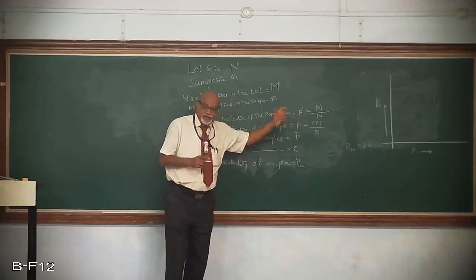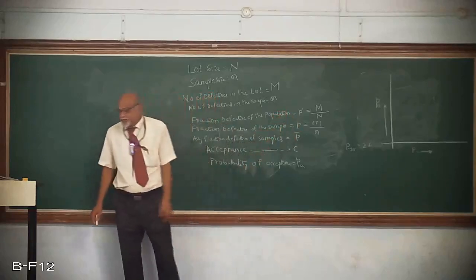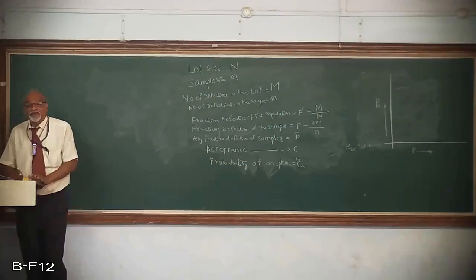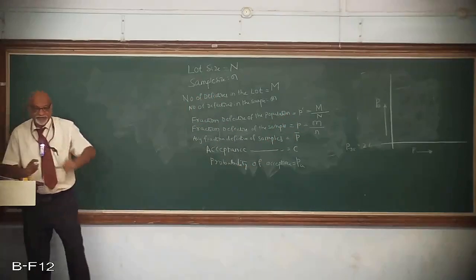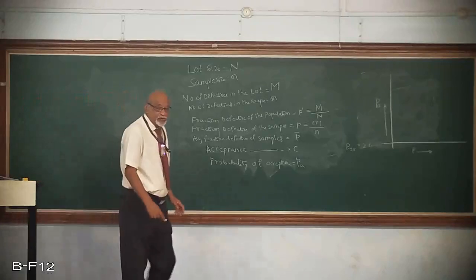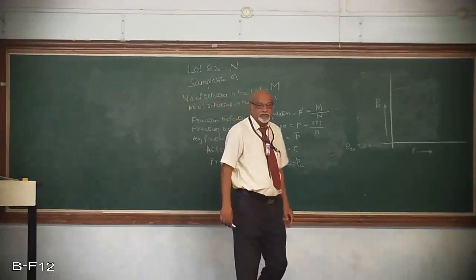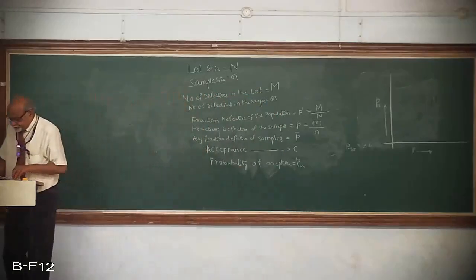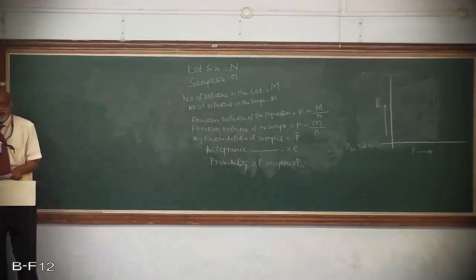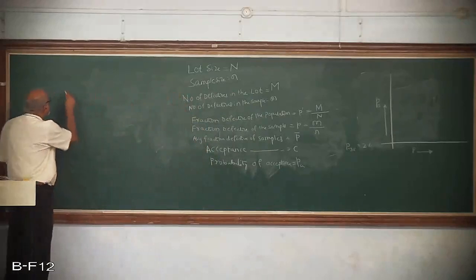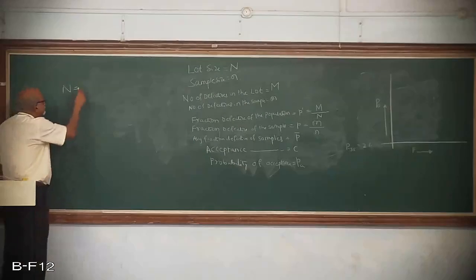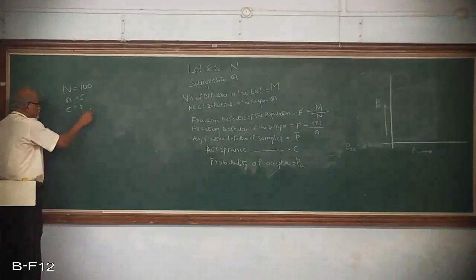So what is the significance of the OC curve then? Now I am interested in comparing different sampling plans. What do you mean by different sampling plans? We need to question ourselves like this. Say, for example, if I say N is equal to 100, small n is equal to 5, C is equal to 2.